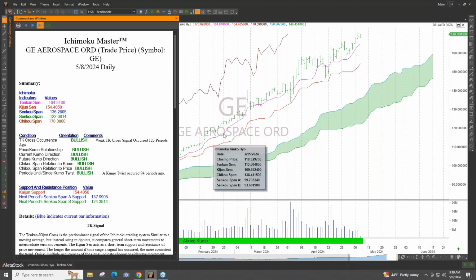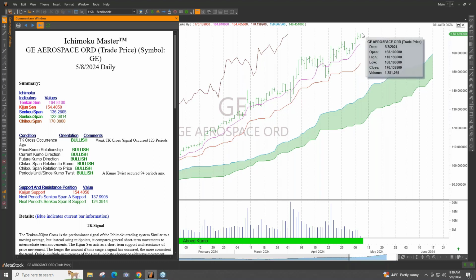So the Tenkan-sen has been trading above the Kijun-sen for 123 days, and that's bullish. As long as it's above there, that's bullish, right? Our relationship of price to Kumo, that is where the price is versus the cloud. We're above the Kumo, so that's bullish, okay?